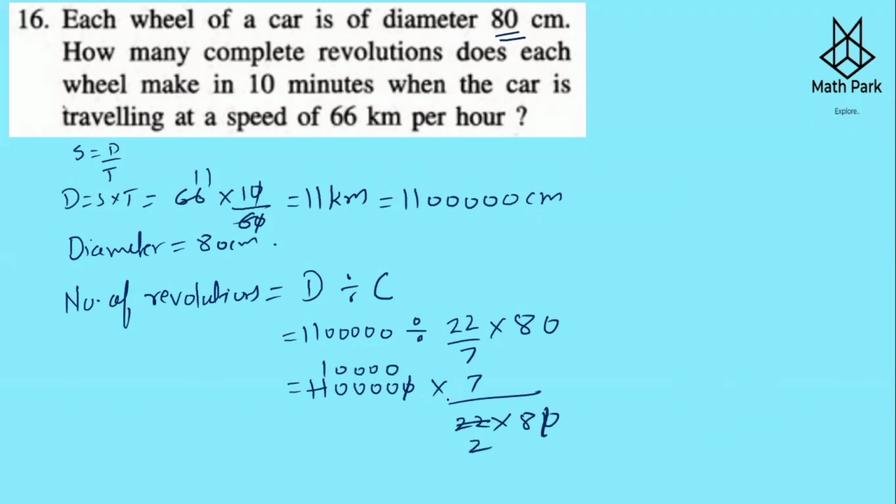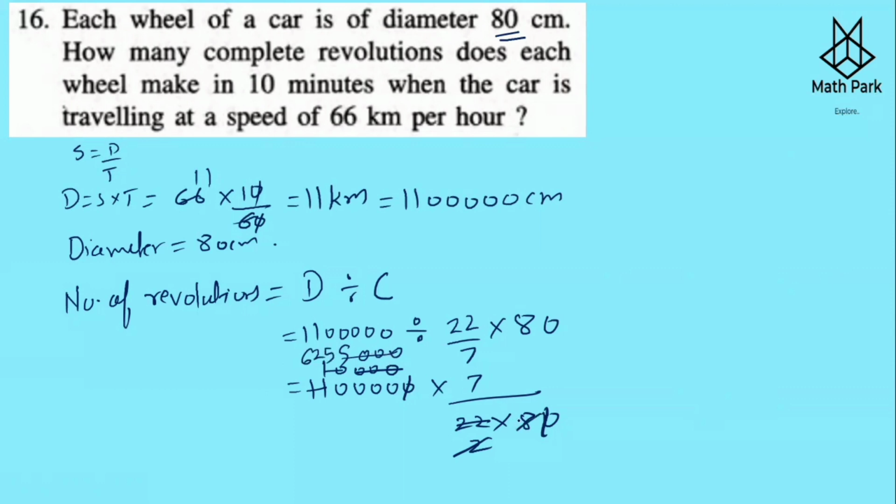You get 10,000 when you divide 11,000 by 11. So 2 ones are 2 and 2 fives are 10. So you get 5,000 when you divide 10,000. And then 5,000 divided by 8. 8 sixes are 48. 8 twos are 16 and 8 fives are 40.